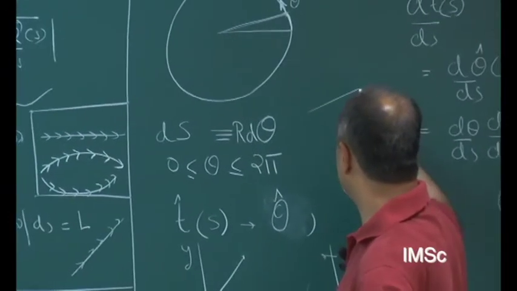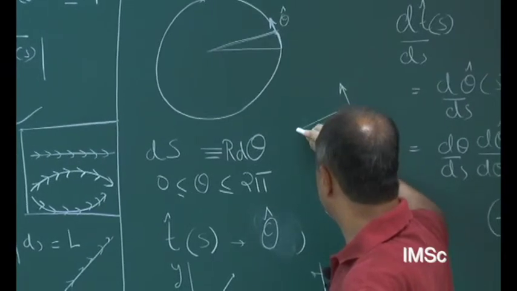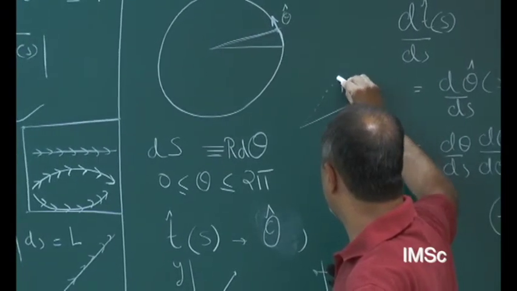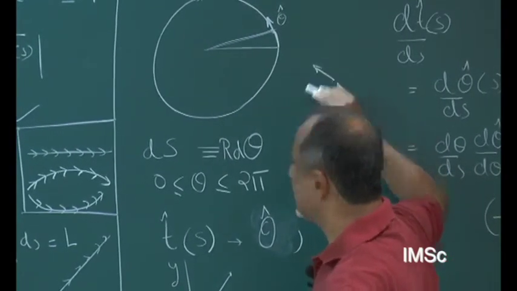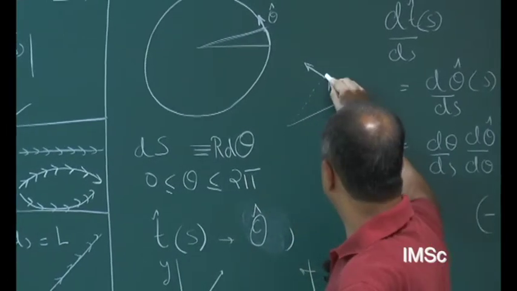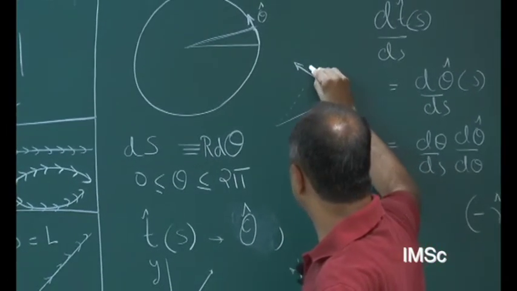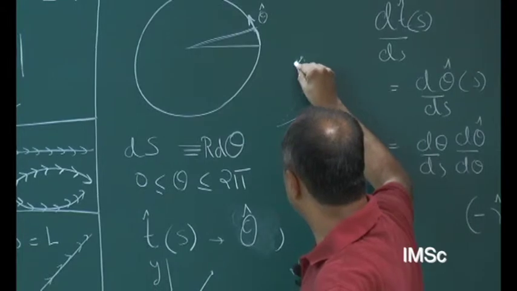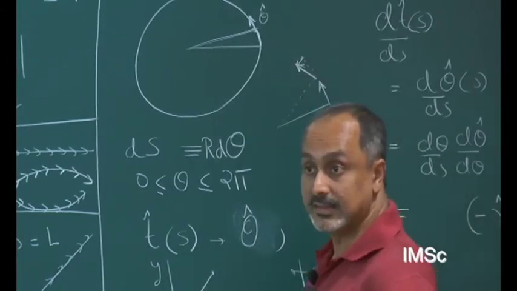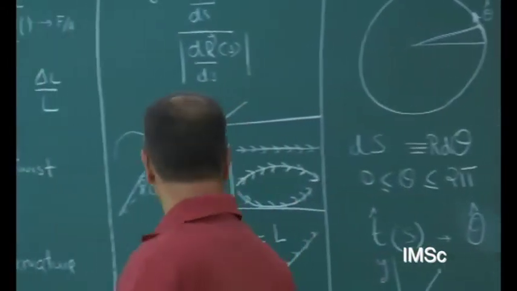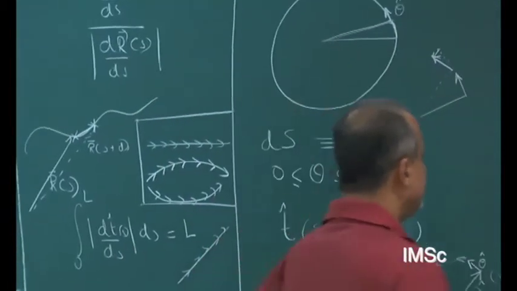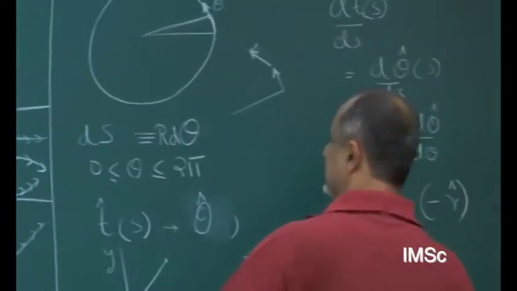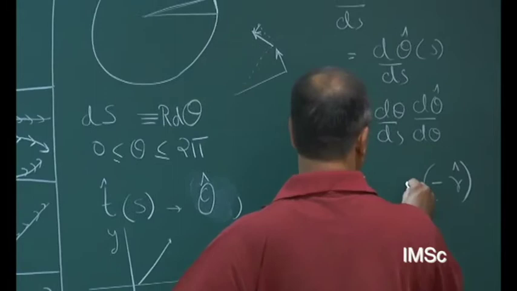Suppose here I have a vector that is in the theta direction, and over here I have a vector that is in that direction here. The difference between these is obtained by taking this here, putting it here, and this is the difference, which points in the minus r hat direction. Okay? So when I do that, I have d theta by ds is 1 by r.